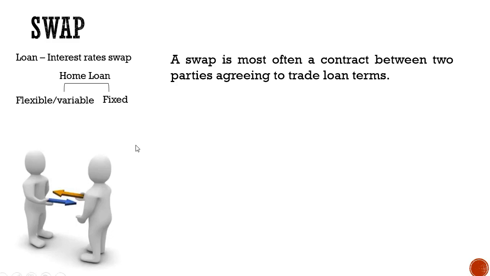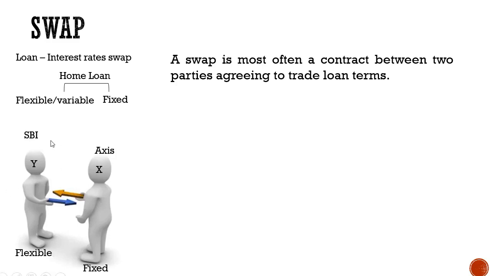Okay, now let's take an example. There are two parties, Mr. X and Mr. Y. Mr. X has taken a home loan of, let's say, 50 lakhs rupees from Axis Bank, and he has taken a loan on fixed interest. Whereas Mr. Y has taken loan from SBI Bank. Again, amount is 50 lakhs, but he has taken on flexible rate.